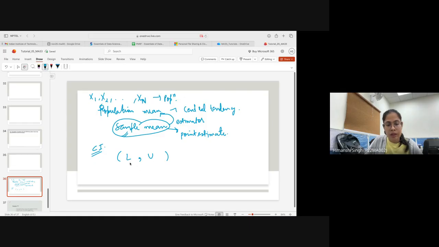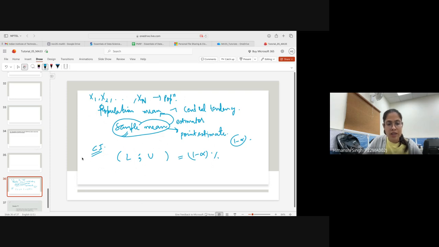Now confidence interval means that the probability that a sample mean lies in this interval is equal to 1 minus alpha percentage. There is a 1 minus alpha probability that my sample mean will lie in this confidence interval.